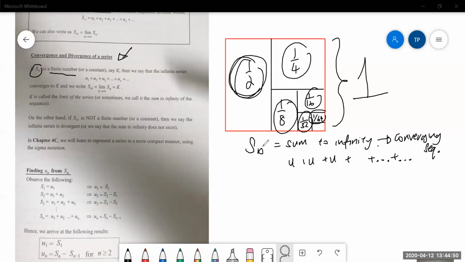The reason why I want to upload to YouTube is firstly for you all to review, because you may ask me about this sum to infinity thing, then maybe 1 week later you forgot. So this is where you can play back the video to understand, oh yeah, I remember already, Kenny went through this with me. It will be a lot more convenient instead of you coming to ask me.